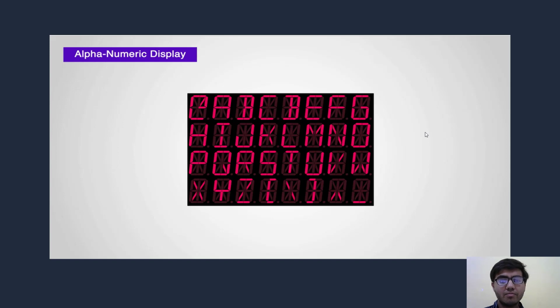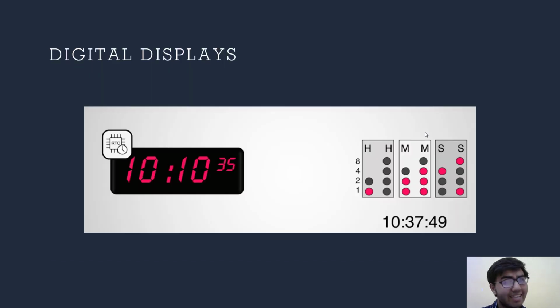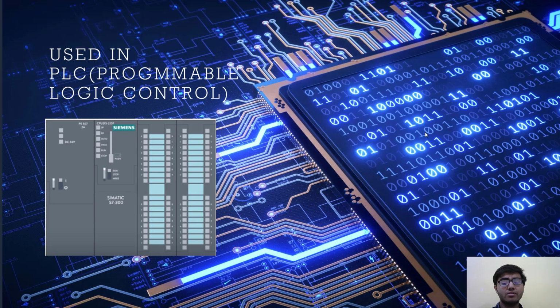It was used in alphanumeric displays and calculators. It is used today as well in digital displays, digital clocks, and RTCs, real-time clocks, and today also in most clocks the BCD format is used. It is also used in PLCs, programmable logic controllers. In the Siemens S7-300, the output is given in BCD format.